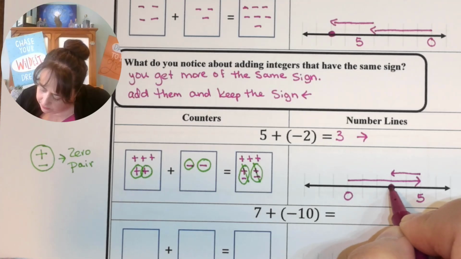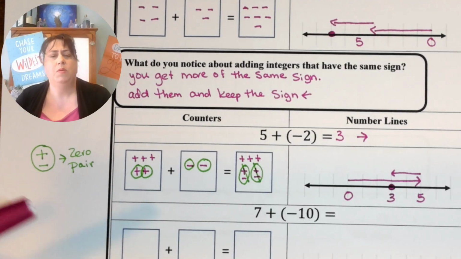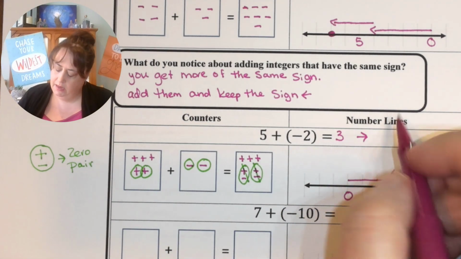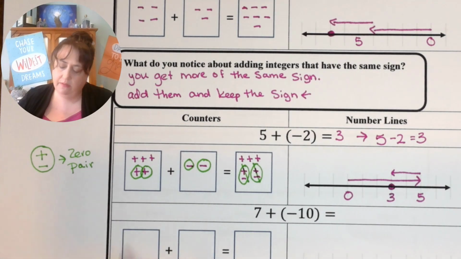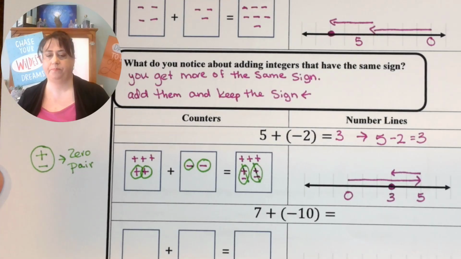And sure enough, 1, 2, 3. That's where I ended up. What does that look like to you? That doesn't look like addition. What does it look like? It looks like 5 minus 2 equals 3. We are going to come back to that.